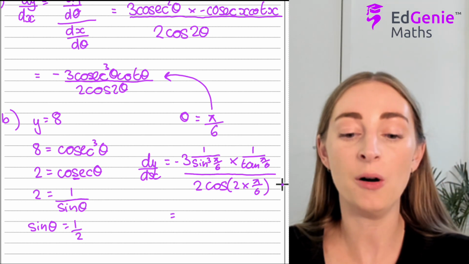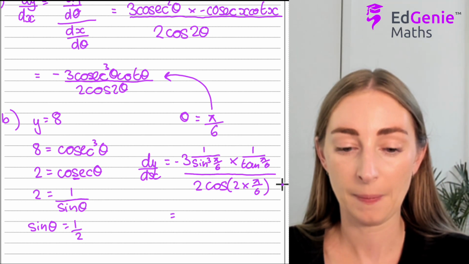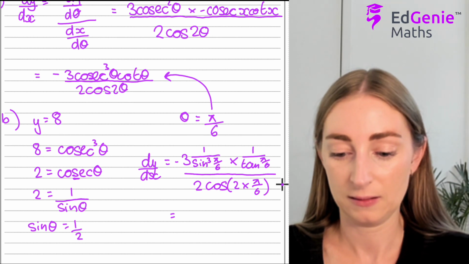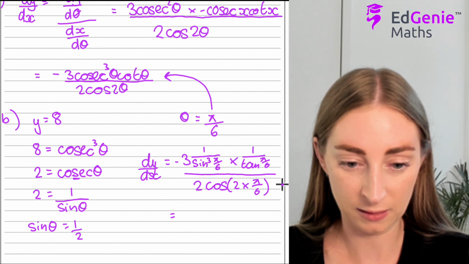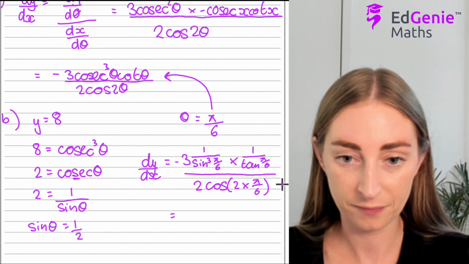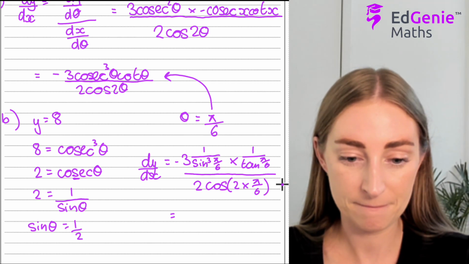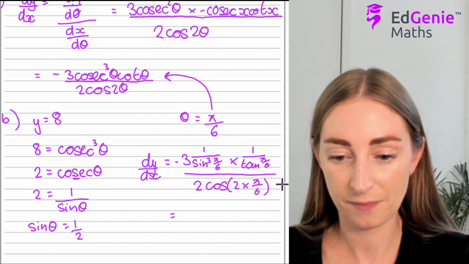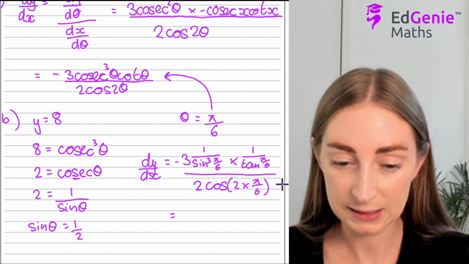Then let's put this whole thing into our calculator. Be careful, make sure we don't type anything in wrong. Sine cubed, okay. 1 over tan.